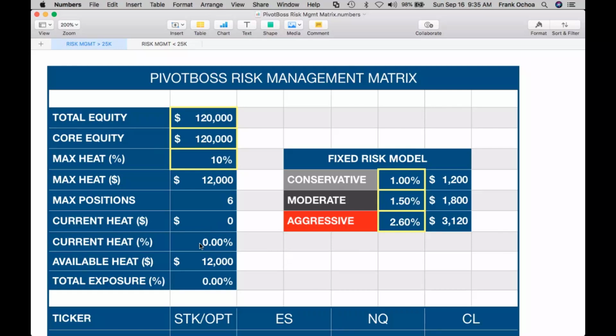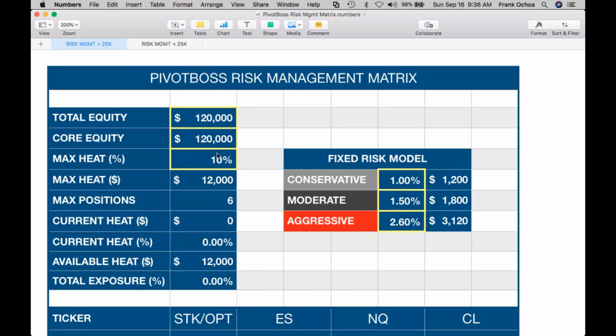Current heat percentage would be the percentage that you have at risk of the available max. The available heat would be however much that you can still put at risk. And then the total exposure is how much you have at risk as a percentage of overall total equity. So those are very, very important to know and understand.